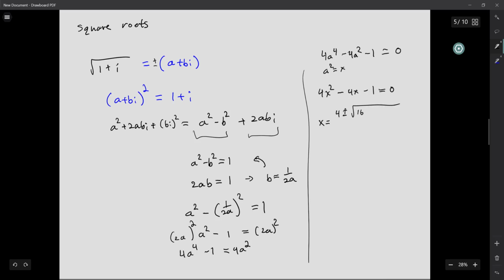So that's 16 minus 4 times 4 times minus 1, horrible, all over 2a, so that's all over 8. So I get x equals 4 plus or minus the square root. This is 16 plus 16, so 32, all over 8.